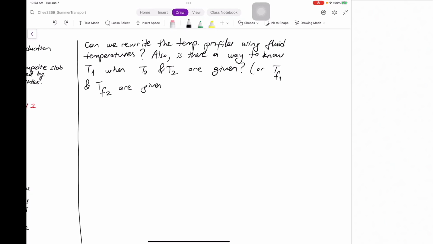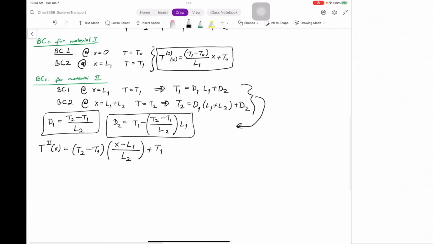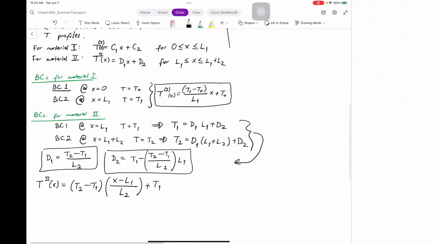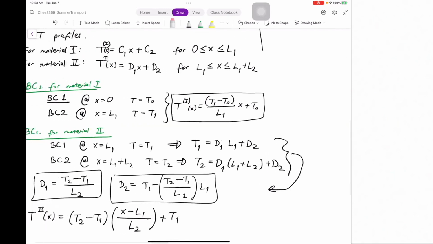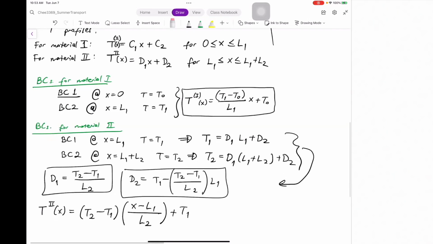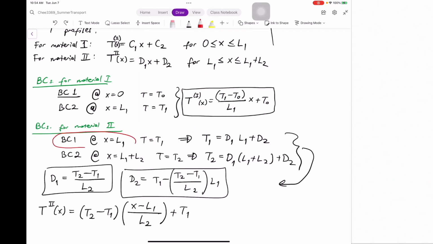I have a question, Professor. Sure, yeah, go ahead, please. Can you go again one more time how you find D1 and D2? Yeah, okay. So here's how we find the D1 and D2, the same way as we found the C1 and C2. Look at this boundary condition.